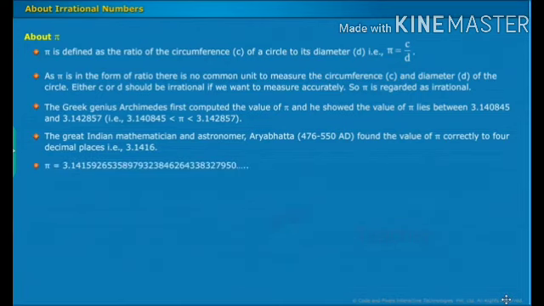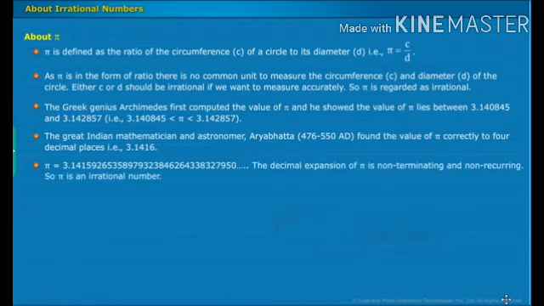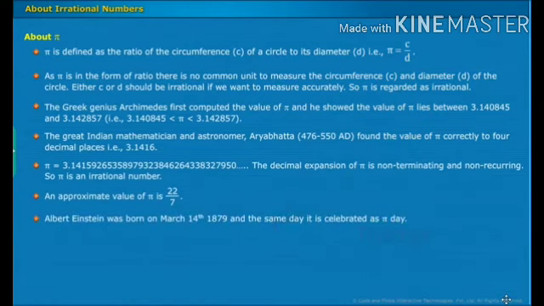The decimal expansion of pi is non-terminating and non-recurring. So pi is an irrational number. An approximate value of pi is 22/7. Albert Einstein was born on March 14, 1879, and the same day is celebrated as Pi Day.